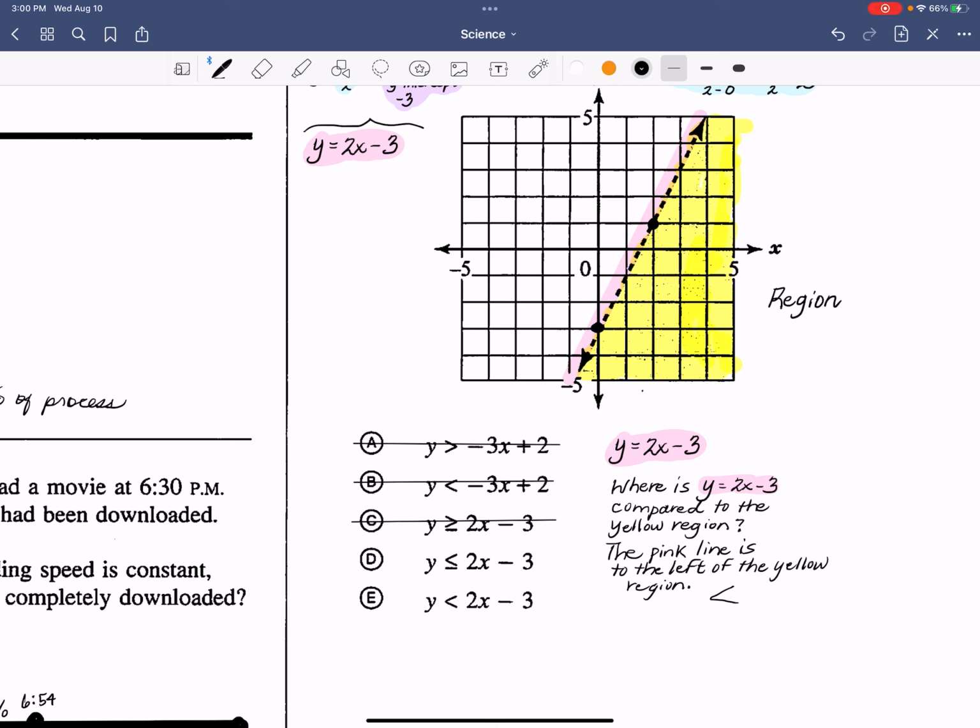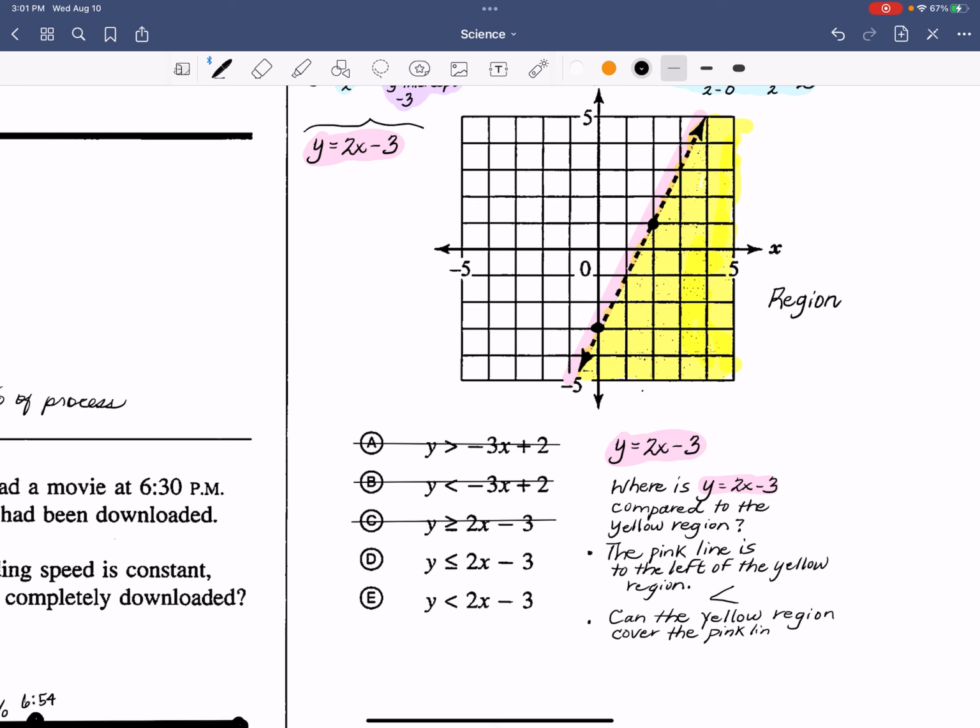The next question is this. Can the yellow region cover the pink line?